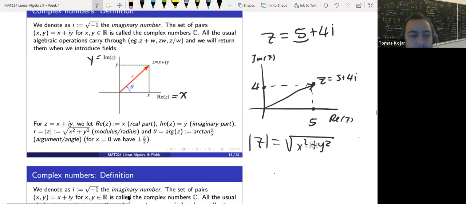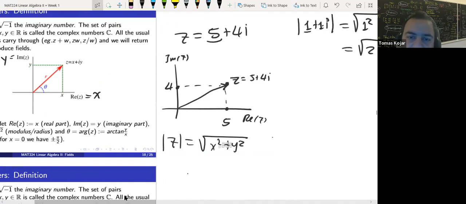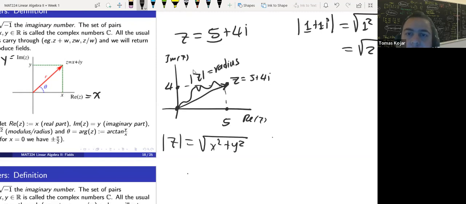But what does this radius represent? It's just this distance. This distance from the origin represents the radius, the modulus. If you've seen it before, this is called the Euclidean distance.